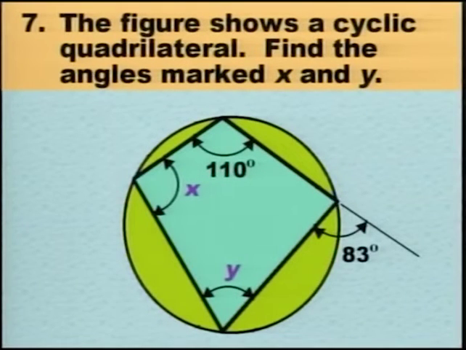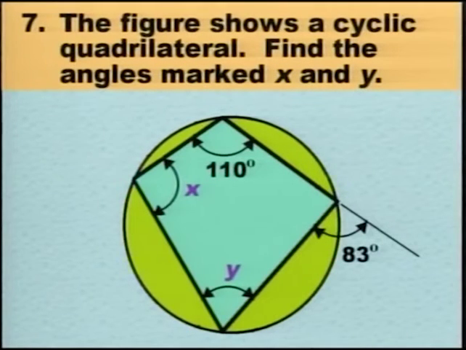Who's yet to finish question 7? Nobody. So let's go through that one. Number 7. Cyclic quadrilateral again. So you would be looking at property 4. Okay, property 4 there.